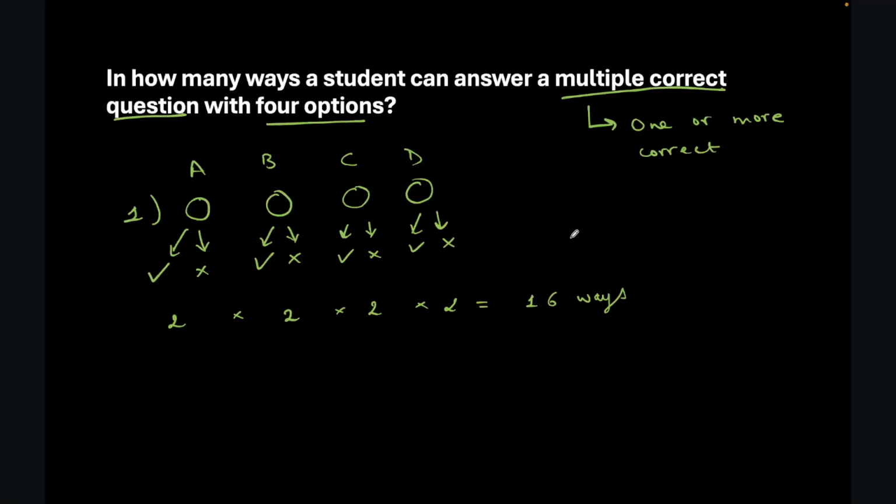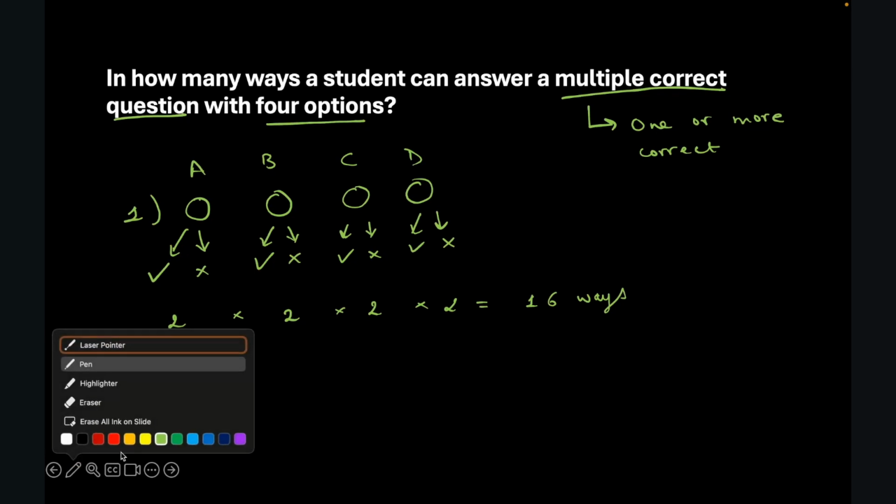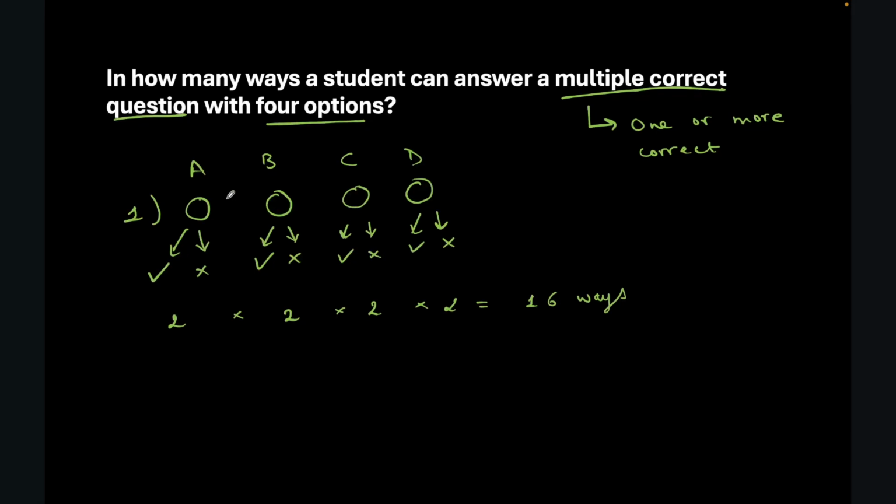However, there's a catch. Of these 16 ways, one of the ways considered is that I reject every single one of these options. That's one of the 16 ways, where I say that none of the answers are correct. Now, realistically, that's never the case in any sort of multiple choice questions or multiple correct options, right?